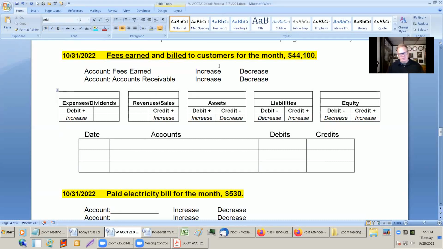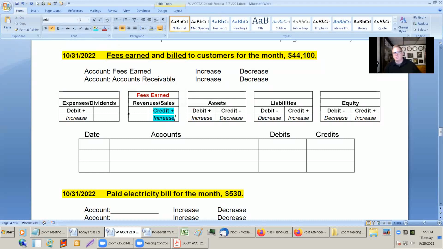Now, fees earned is a revenue. Okay, fees are, so here's the thing about a revenue.